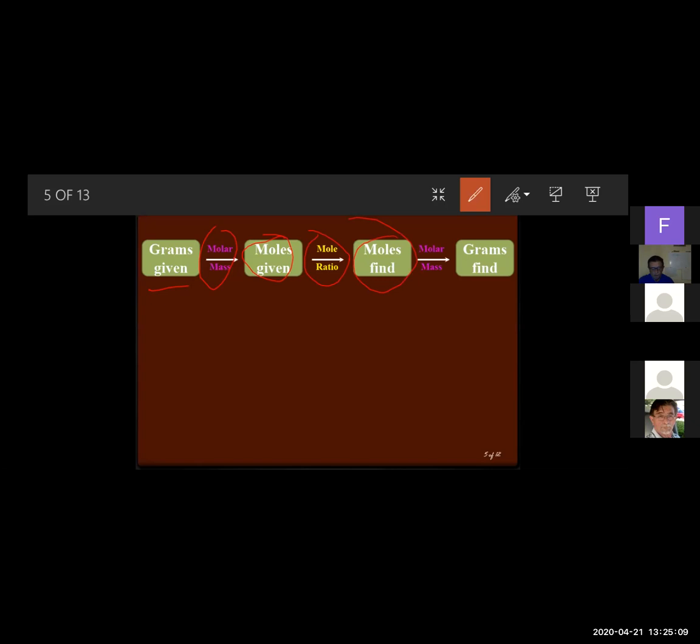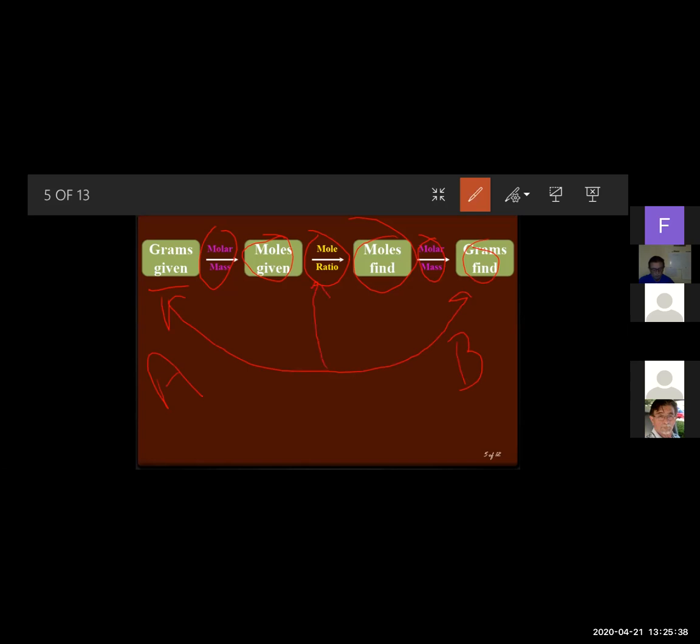Once you have that and you have the molar mass or atomic weight of that compound, you can then calculate the grams. The point being, to get from A to B, regardless of what it is, you must go through moles.